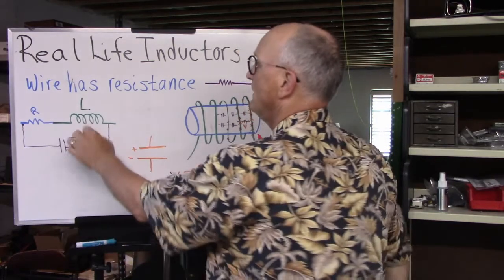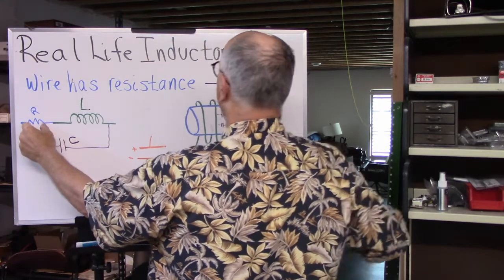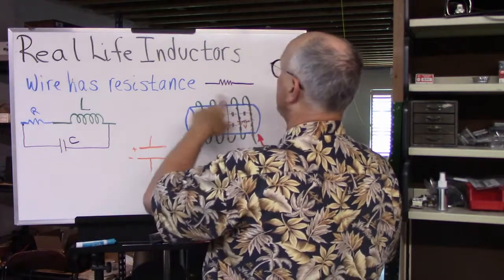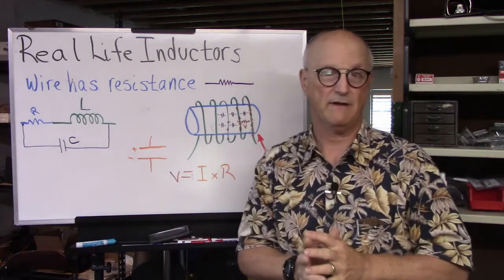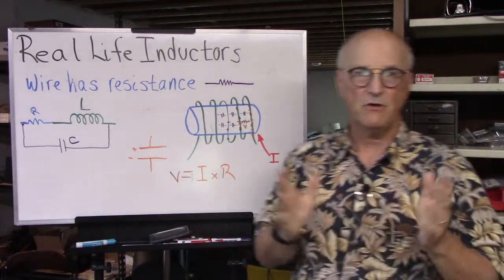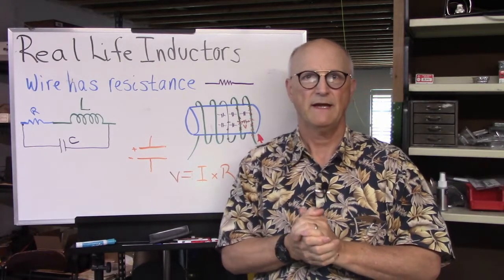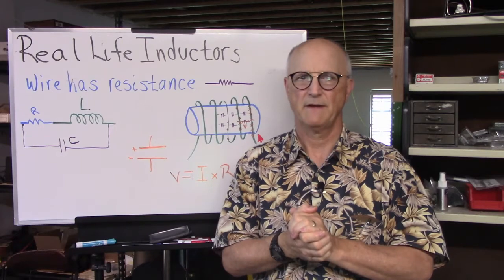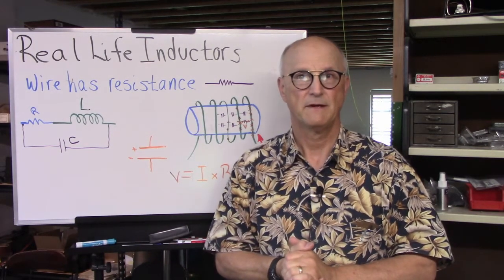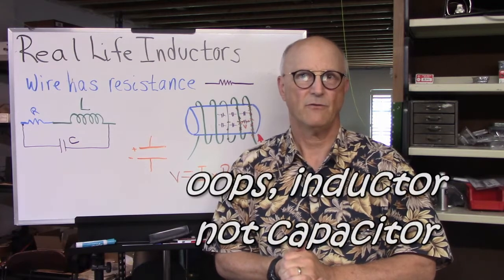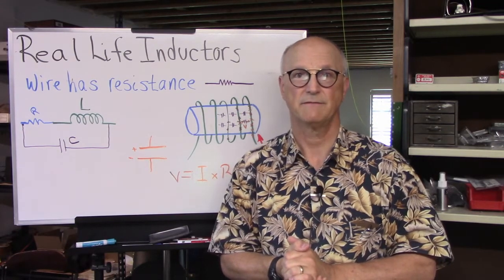So you have the ideal inductor, you have the resistance of the wire itself, and then you have the interwinding capacitance. But you know, the impedance of an inductor is frequency dependent, and so is the impedance of a capacitor. So how does that affect what a capacitor looks like as we change frequency?